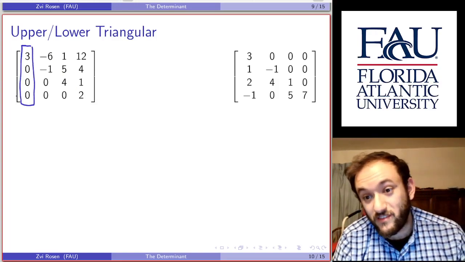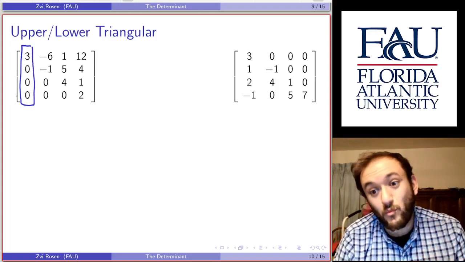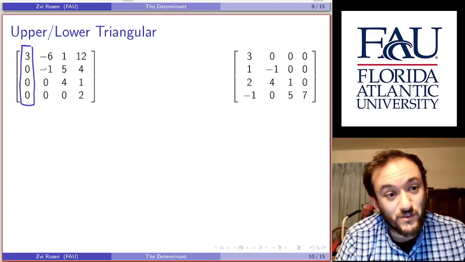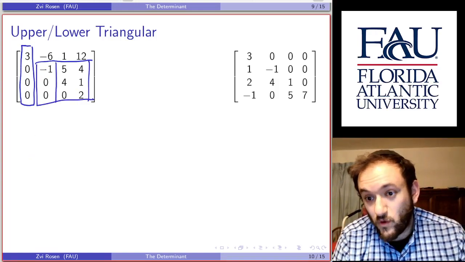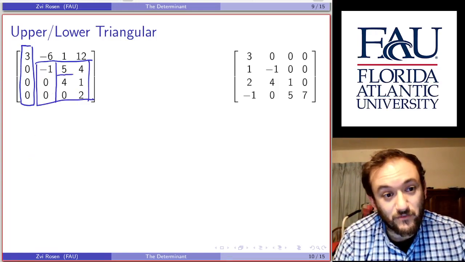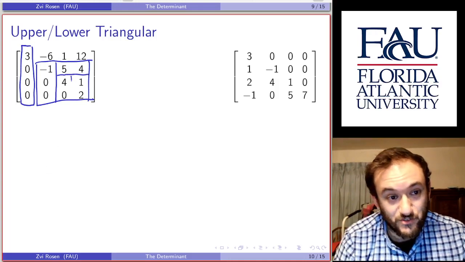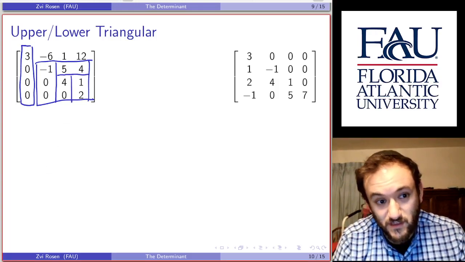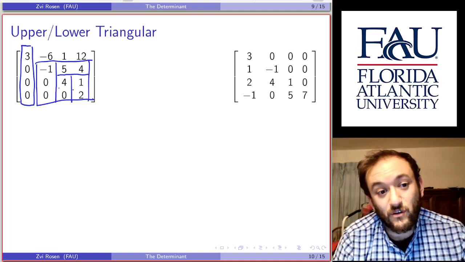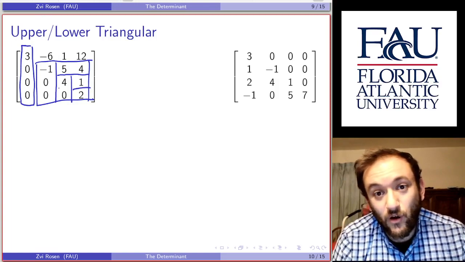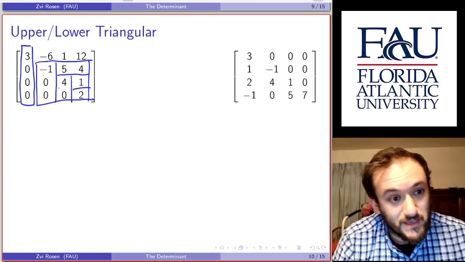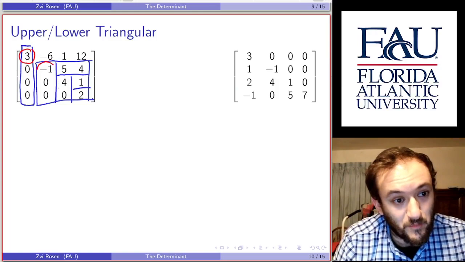expand the determinant along this column, which means you only have one non-zero entry, and so you only have to worry about one cofactor. But then here you can use the first column, which only has one non-zero entry, and you're left with only this cofactor. And here too, you can use the column with a 0, and you're only left with this cofactor. And so each time, all you pick up is the entry in the upper left corner.